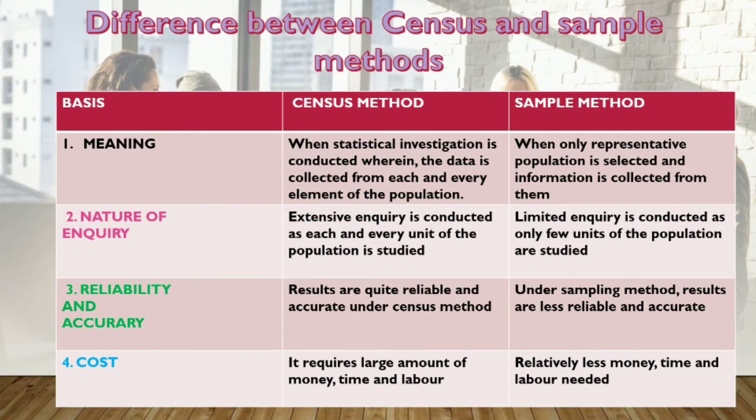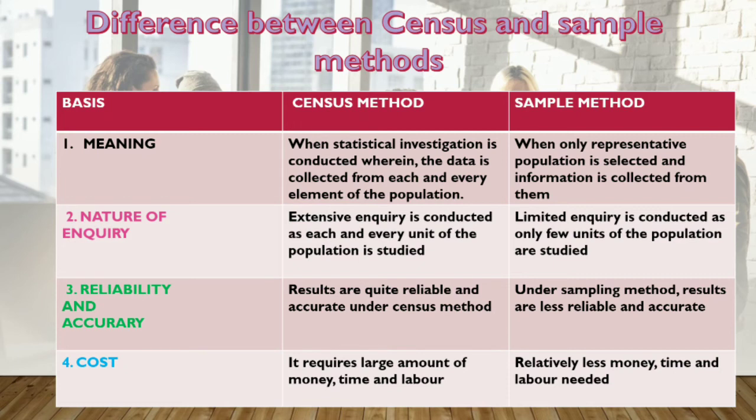On the other hand, in sample method, only a few items of the universe or population are selected. Second, nature of inquiry. Definitely in census method, the inquiry is extensive as each and every item is selected and studied. In sample method, only limited inquiry is present as only a few units of the population are studied.